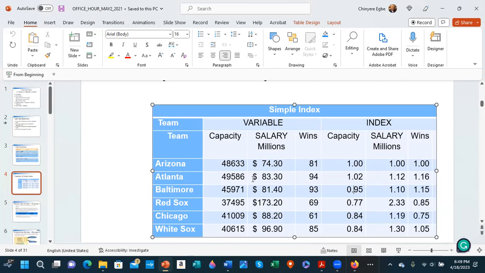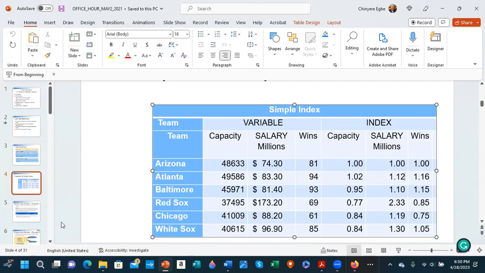When it comes to salaries, if we say the Arizona salary is the base, we divide Arizona by Arizona, and we can see that Atlanta average salary is 12% higher than Arizona, but Baltimore is 10% higher, and Red Sox is 2.33 times that of Arizona, and so on.